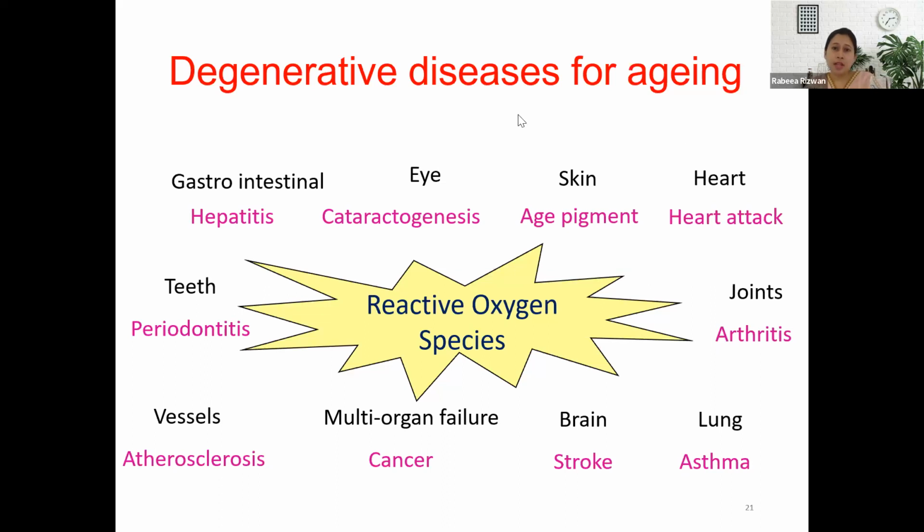Now, next are degenerative diseases of aging that are common because of more exposure to reactive oxygen species. For example, cataract of the eye, skin pigmentation with age, more wrinkles with more aging, teeth and gum problems called periodontitis, and more aggravated symptoms of asthma because of more exposure of the lungs to oxidative damage.